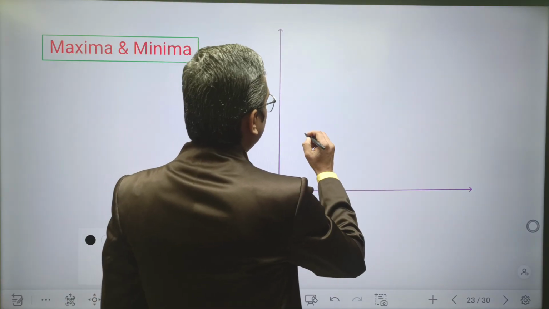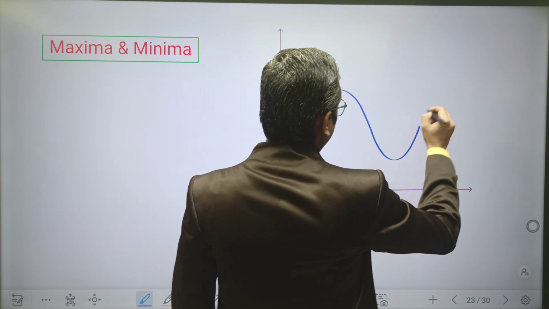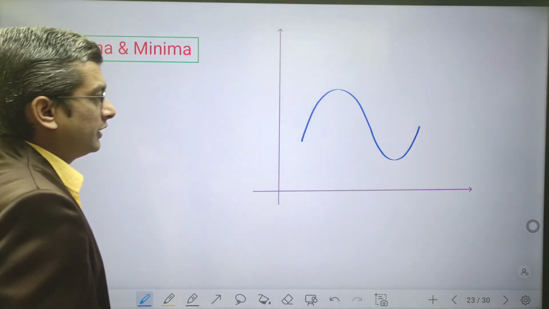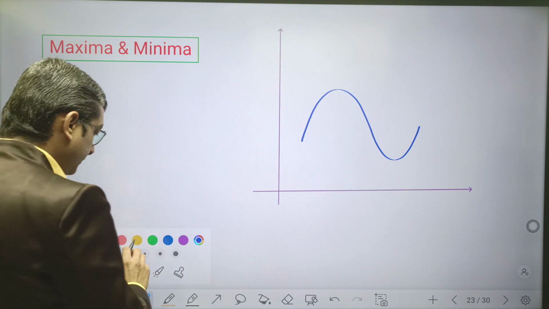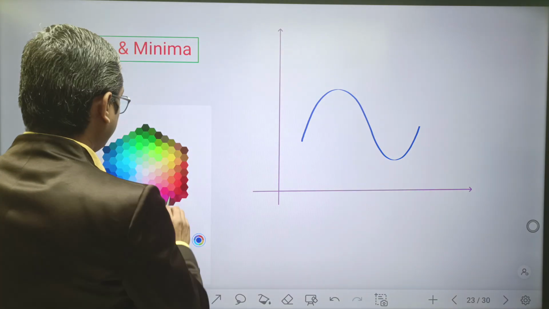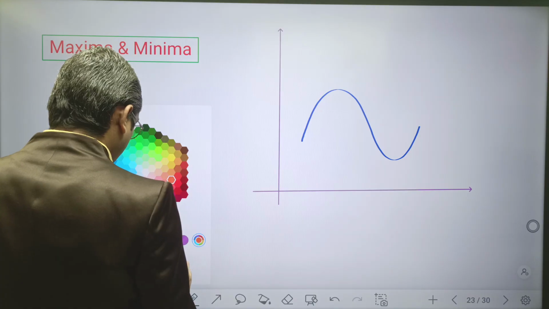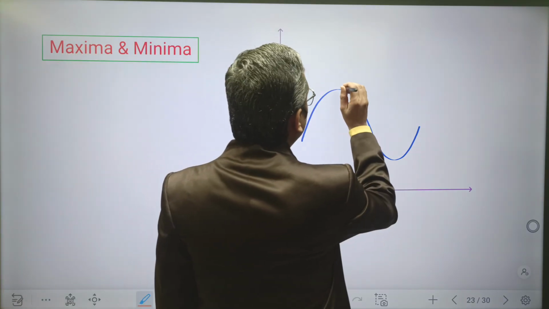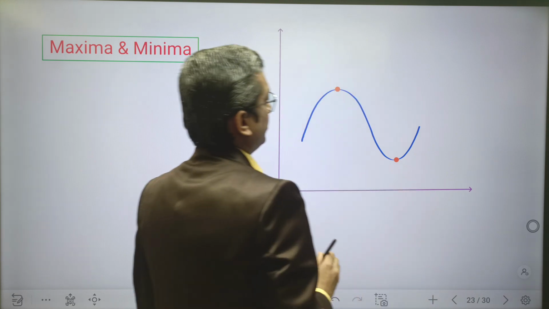Let us suppose I am taking an example. Suppose there is a function whose curve is like this one. There is a function like this, isn't it? As we can see, the function has the maximum value at this point and the minimum value at this point, isn't it?